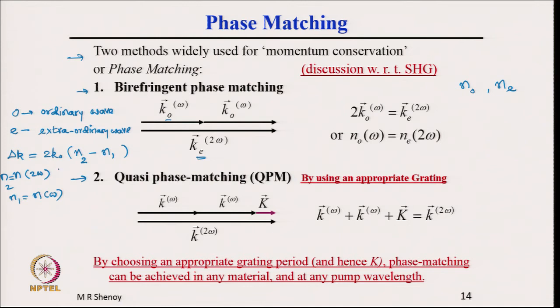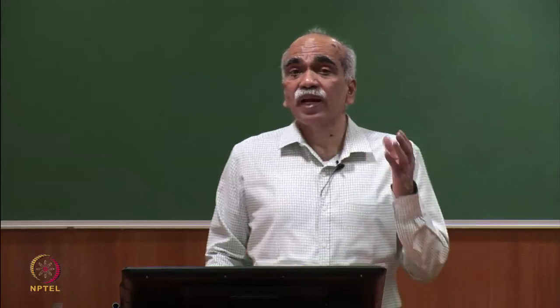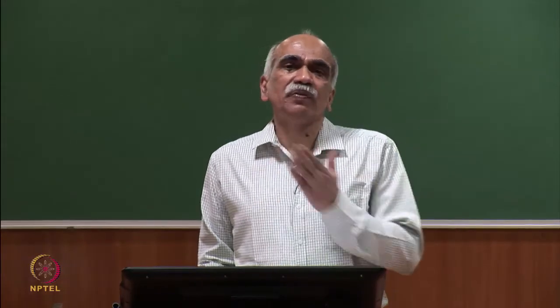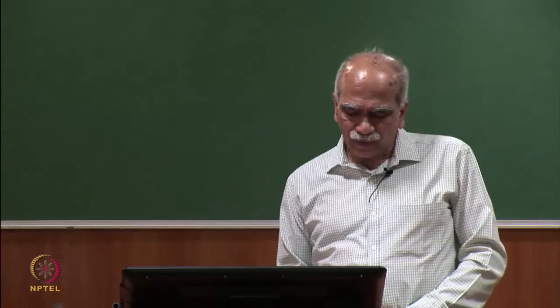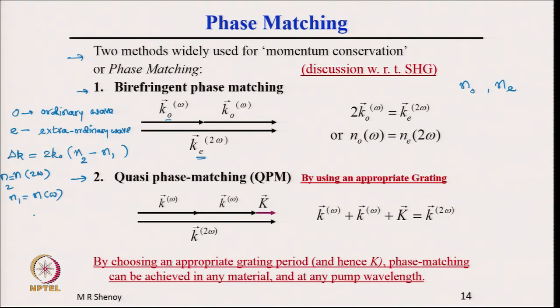In a normal medium, every medium is a dispersive medium, which means the refractive index changes with frequency. We can never have n 2 equal to n 1, because if you take a general medium and plot frequency omega versus refractive index, you see that the refractive index will go on increasing with increasing omega in a normal dispersive medium.